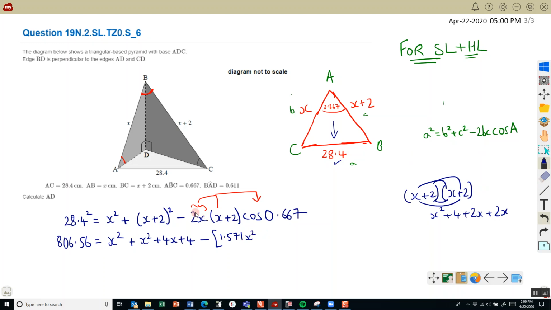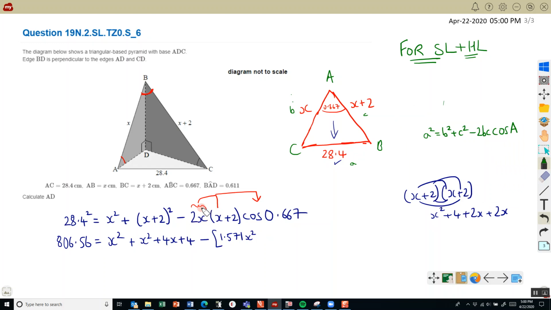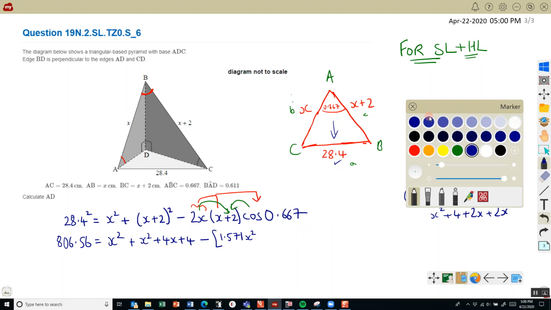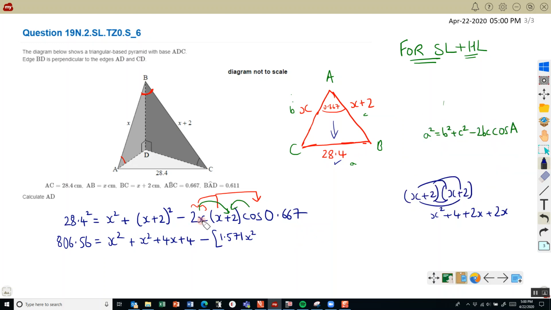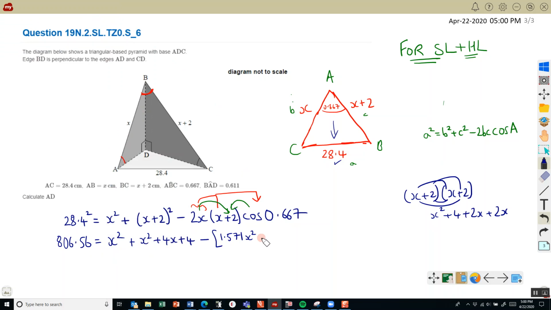Then I've got 2x multiplied by 2 and also by cos of 0.667, just multiplying all these things together. 2x times 2 times cos of 0.667 gives 3.1427, and there is an x on that as well.